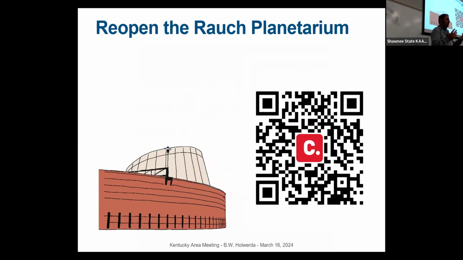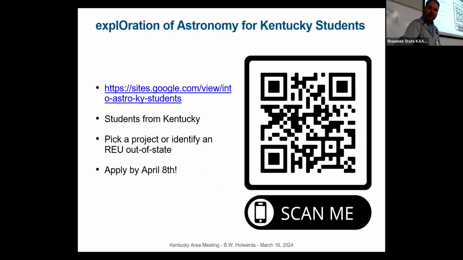We'll see how much I can boost that. Between the data visualizations and the voting, we'll see if we can convince people to fund our planetarium. The last thing I want to do is the exploration of astronomy for Kentucky students, Oaks, because I really wanted to make this horse race related.